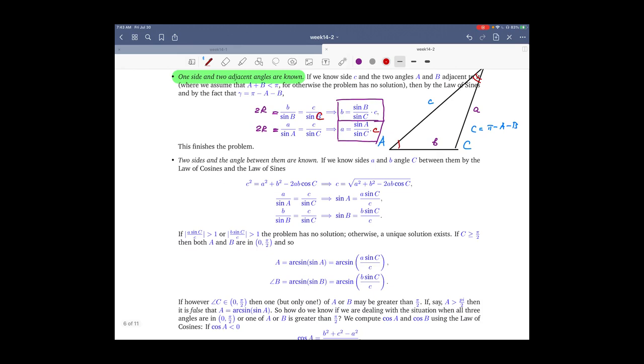Another situation that's very common is when we have two sides and the angle between them known.